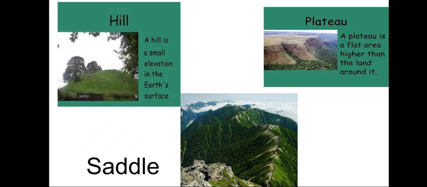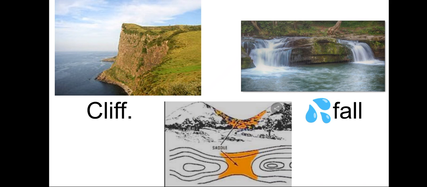Figure number 2 represents a hill. Figure 3 represents a ridge. Figure number 4, a plateau. Figure number 5, a cliff. Figure number 6 represents a saddle, and figure number 7 represents a waterfall. Got it? So here is the waterfall, this is the cliff, this is the saddle.